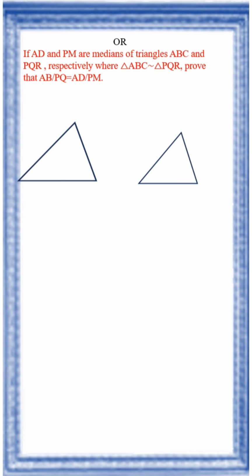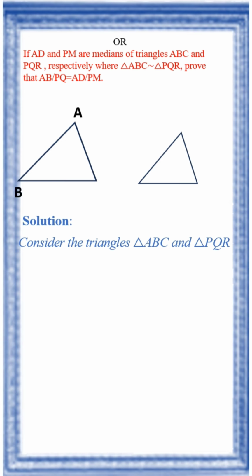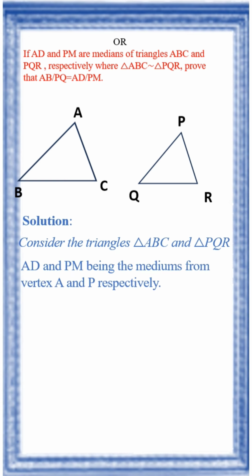Now let us have two triangles, triangle ABC and triangle PQR, like this. These are the two triangles. And let us have medians AD and PM, like this. Look at the figure also.